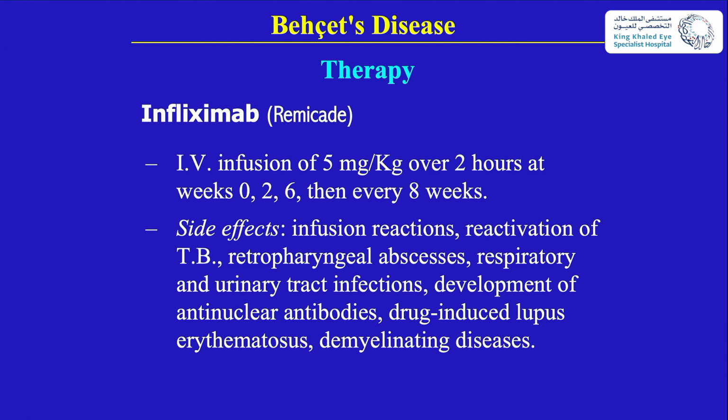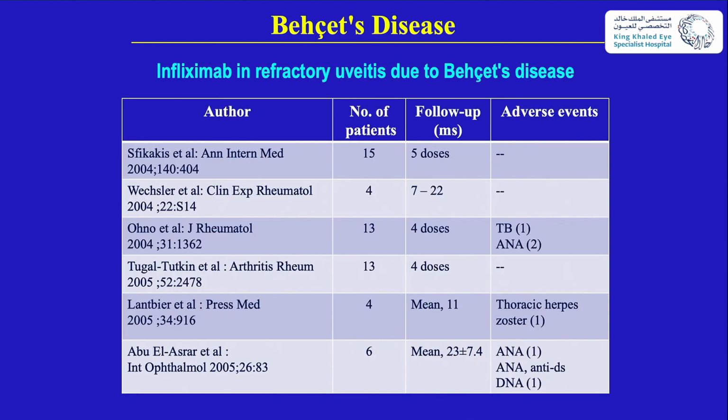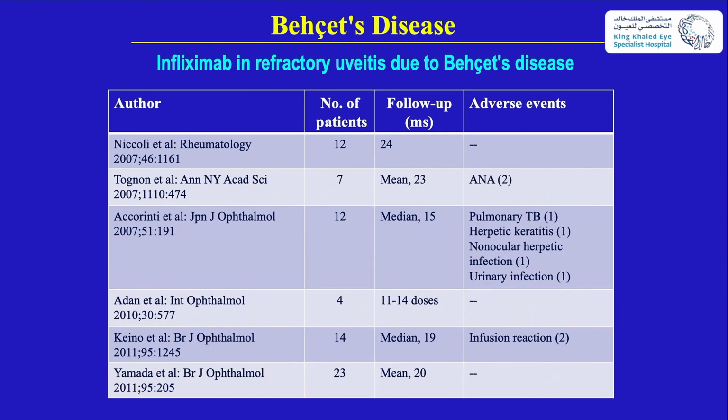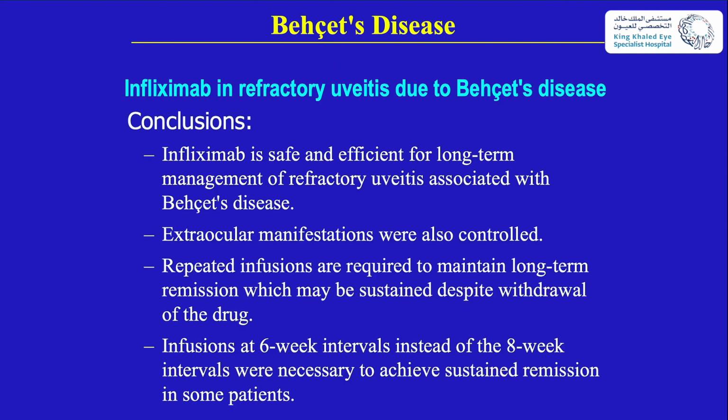Therefore, we are always careful also to make sure that the patient does not have MS. And this is an old table showing some of the complications that happened in different studies of infliximab. And you can see pulmonary tuberculosis is among them.